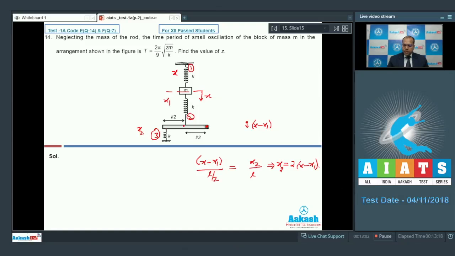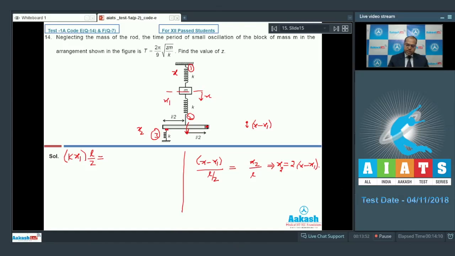Now, since the mass of this rod is 0, the net torque acting on this rod must be 0 about this point. There is a compression in this spring, so due to this the force will act in this direction on this rod and torque will act in this way. So the torque is equal to k into x1, that is the force acting at this point, into L by 2, and this torque is balanced by the compression torque at this point.